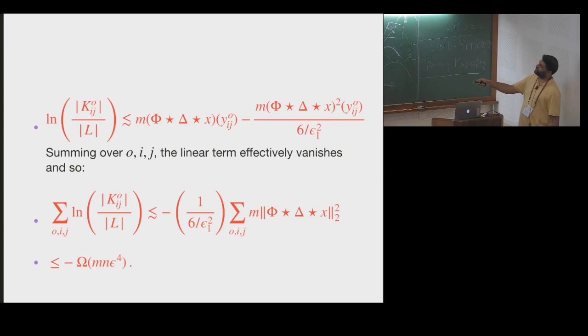Now we are taking the Laplacian of this, and we are summing over all i and j. So this is effectively like integrating this over the entire torus, and that one can see is rather close to 0. Nothing here is exact because there are some boundary effects, but one can control these. So the thing that remains is this, and this is a negative term. So what we get is that the log of this is less or equal to something that is strictly negative, and with some value that we can get our hands on.